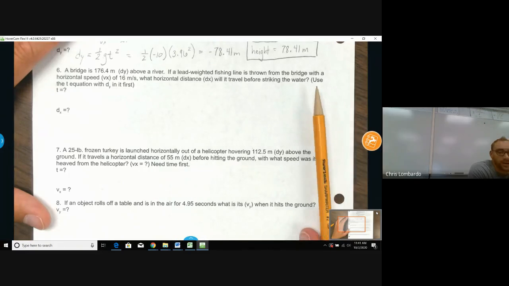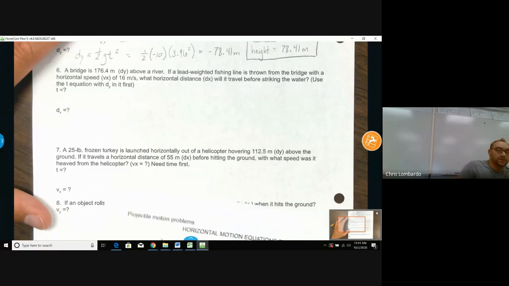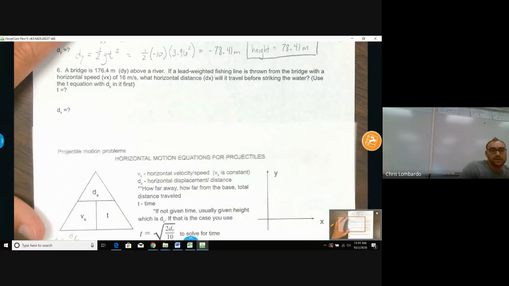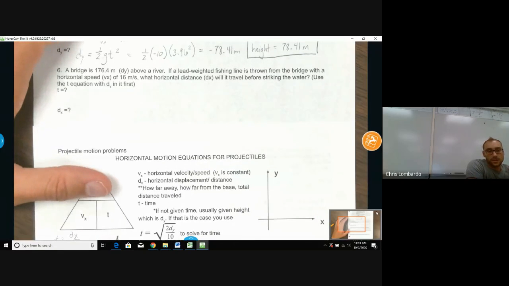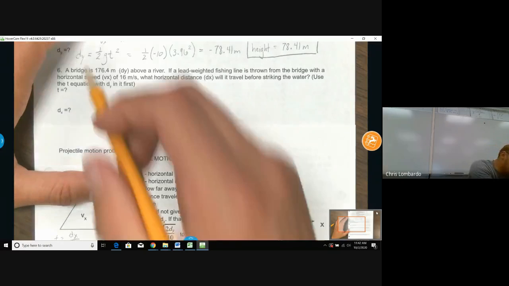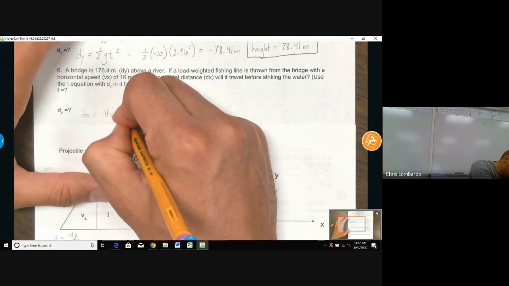So I kind of put the hint here: use the t equation with a dy in it first. So looking at our equation sheet, they want dx. So we cover dx up in the equation. dx is equal to vx times time.